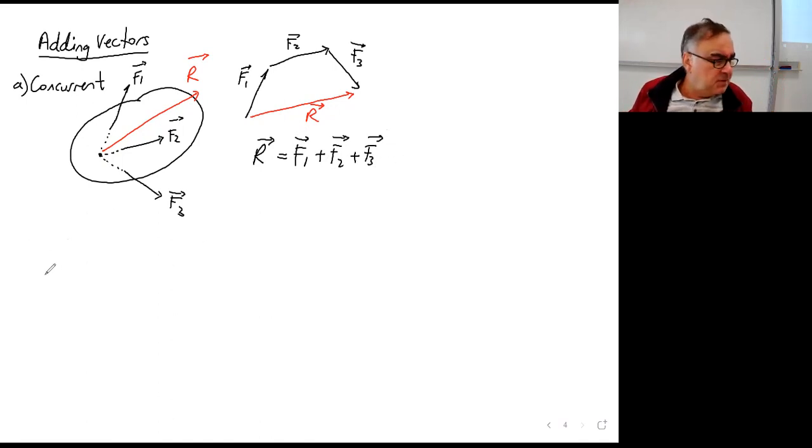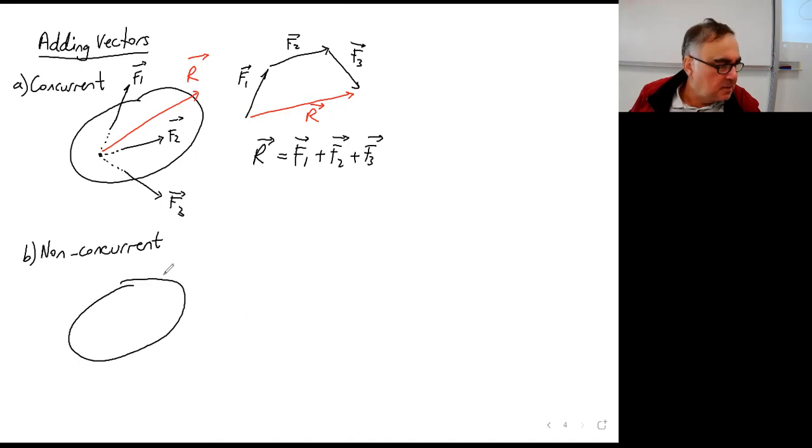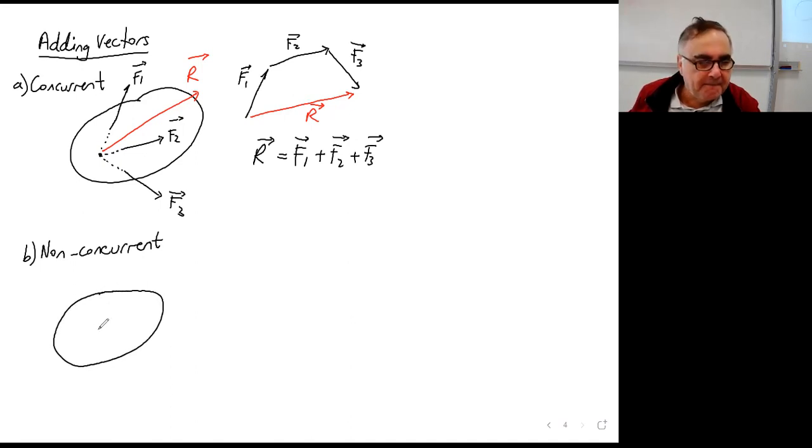But if the forces are so-called non-concurrent, which means they don't meet at a certain point, which is also a possibility, right here. Let's say that this is F1.